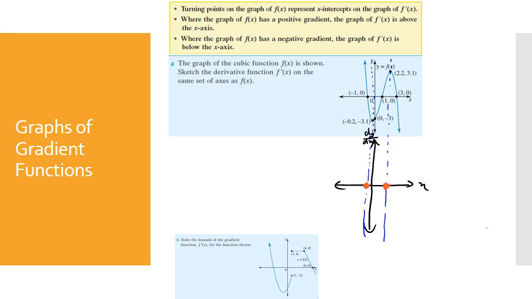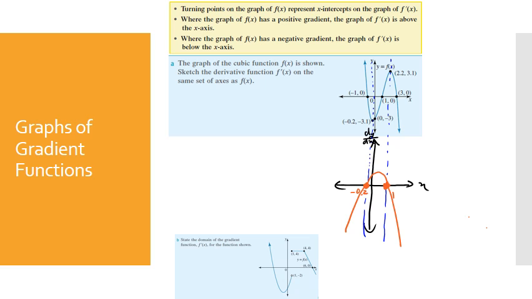Then, if you have a look to the left of the first turning point, which is at negative 0.2, to the left of it, you have a decreasing graph, so it's going to be below the x-axis. Then it's increasing in between the two turning points. Like so. So it's increasing and then going back to 0, otherwise it can't, then it's decreasing.